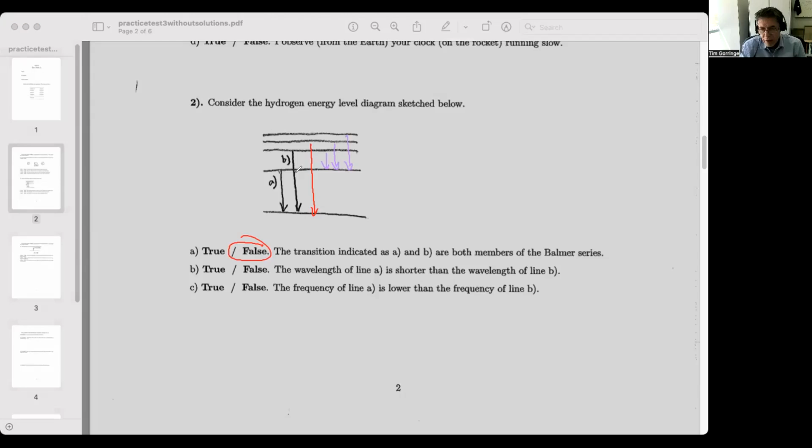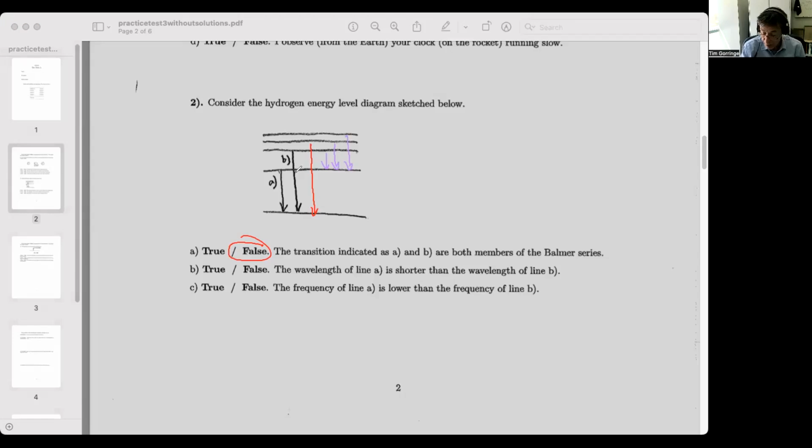Now, the energy of a single photon determines the frequency of the light. The relationship is that the energy of the photon equals Planck's constant times the frequency of light. So if the photon energy is larger, then the frequency is larger too. If the frequency is larger, the wavelength is correspondingly shorter.